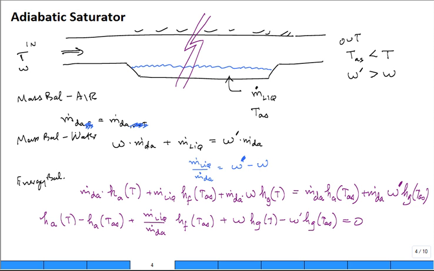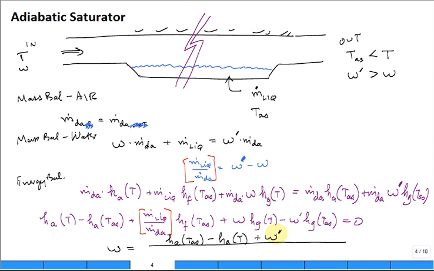And then we substitute this ratio, which is omega prime minus omega. When you do that and rearrange the terms, you'll get one equation for omega is equal to, in the numerator, h of air at the adiabatic saturation temperature minus h of air at the inlet temperature, plus omega prime times h_g at adiabatic saturation temperature minus h_f at adiabatic saturation temperature, close paren.